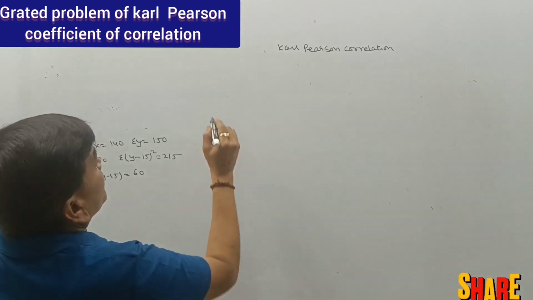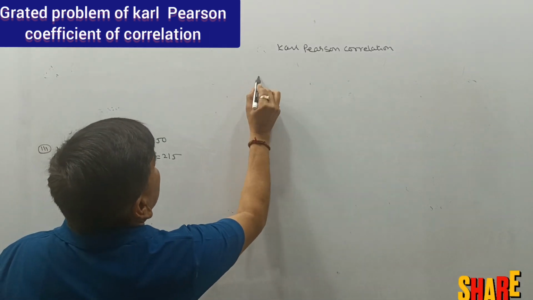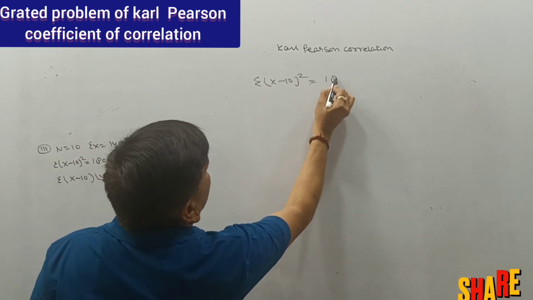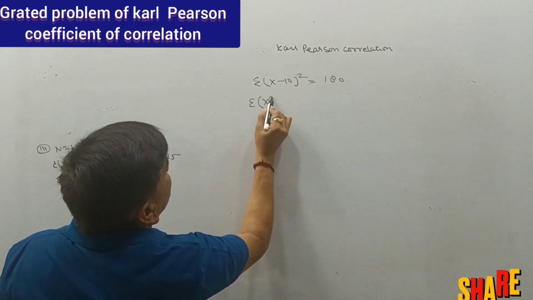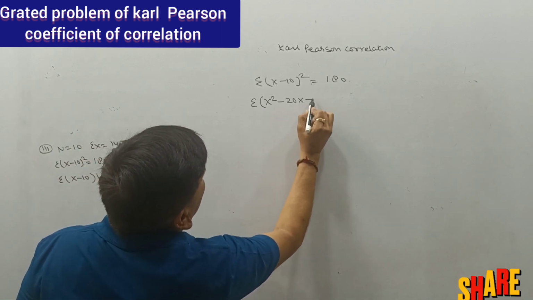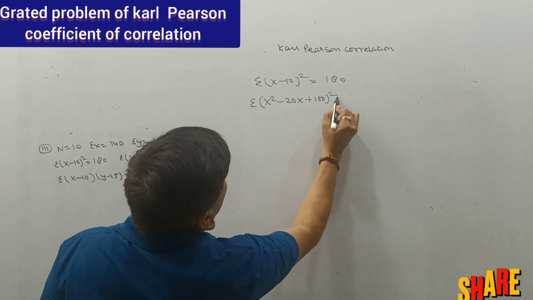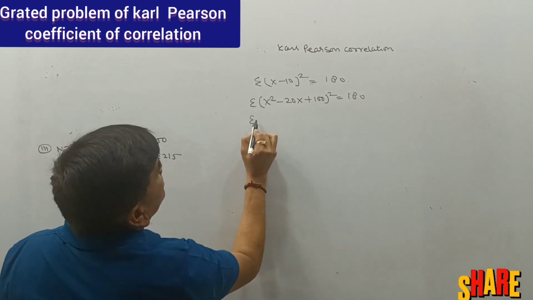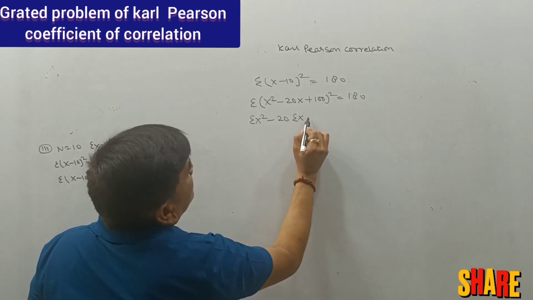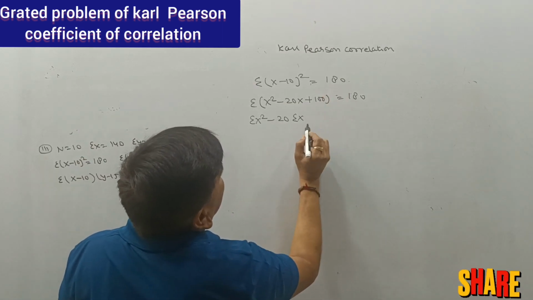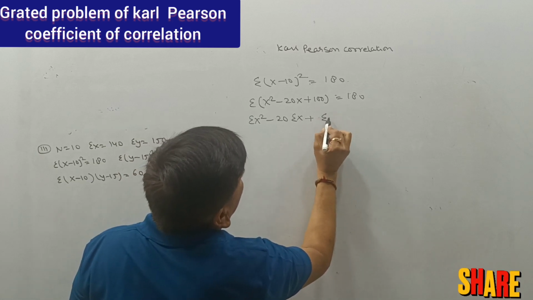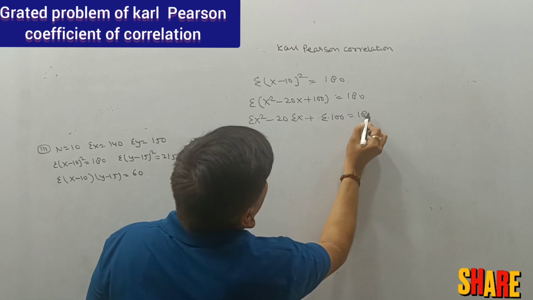So first one, sigma (x minus 10) raised to power 2, that is 180, sigma (x square minus 20x plus 100) is equal to 180. So sigma x square minus 20 sigma x plus sigma 100 is equal to 180.